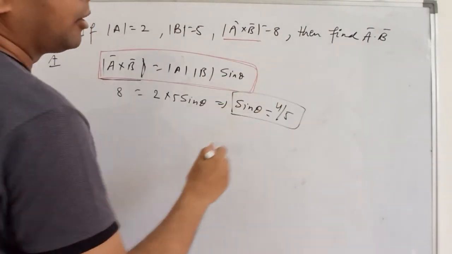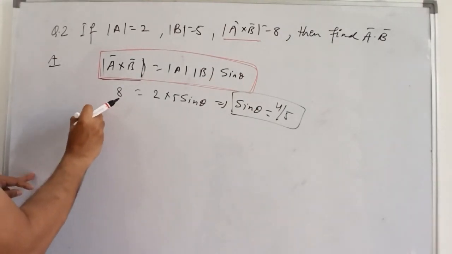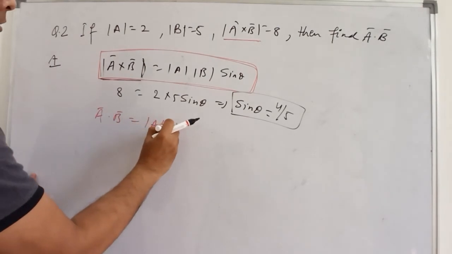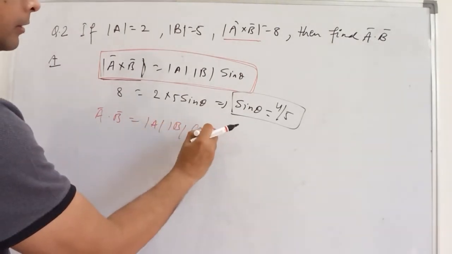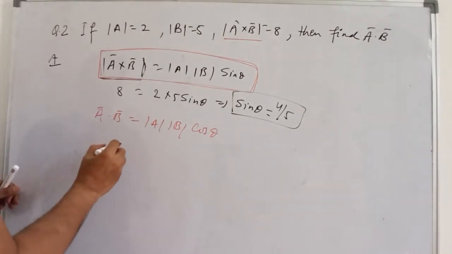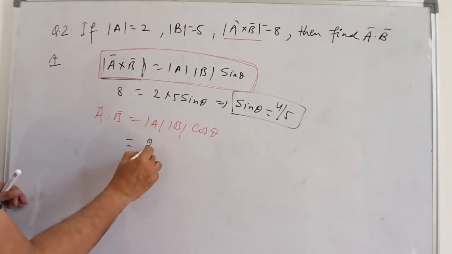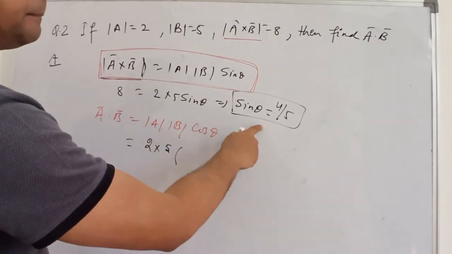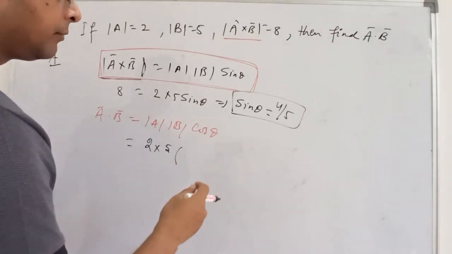I have to find A dot B. Again write the formula: A vector dot B vector is equal to mod of A, mod of B cos theta. This is a formula you must remember. So mod of A means 2, mod of B means 5. Since we know sin theta, we are using another formula.